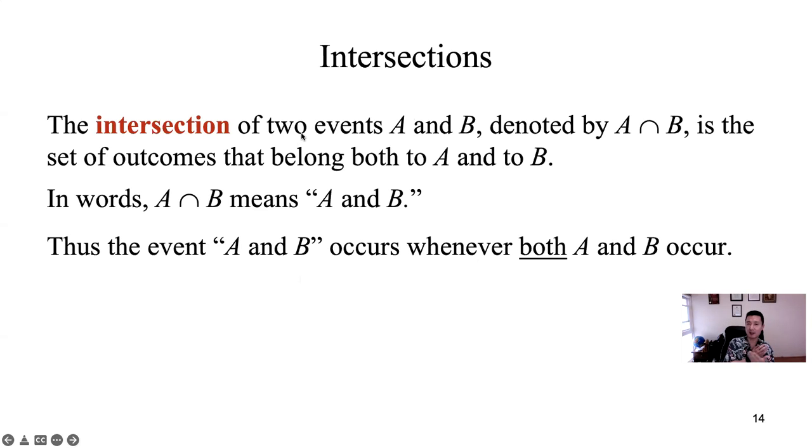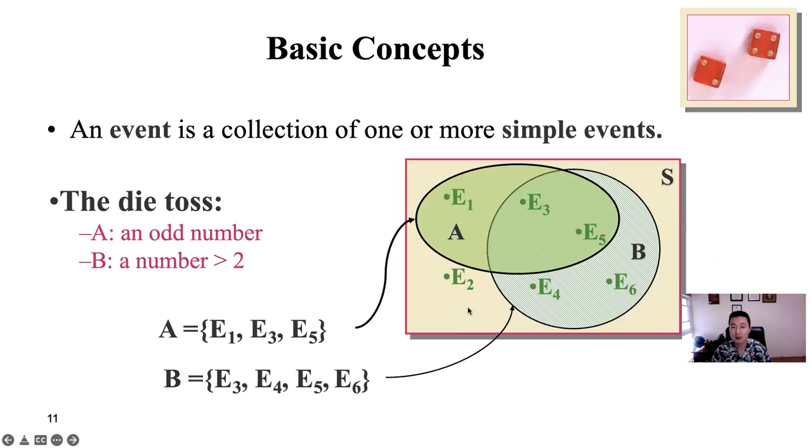Intersection is kind of the opposite of union. The intersection of two events A and B we write as A and B. This is a half circle facing down. It is the set of outcomes that belong to both A and B. So the intersection of the two circles is called A and B. Event A and B occurs whenever both A and B occur. For example, here A and B will include what?